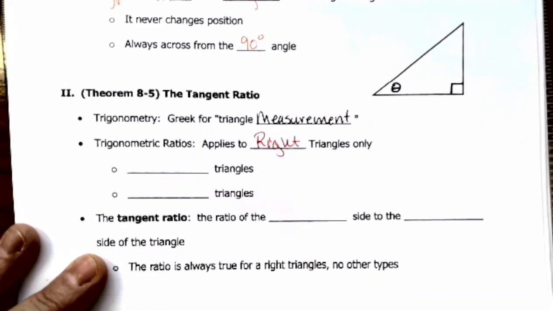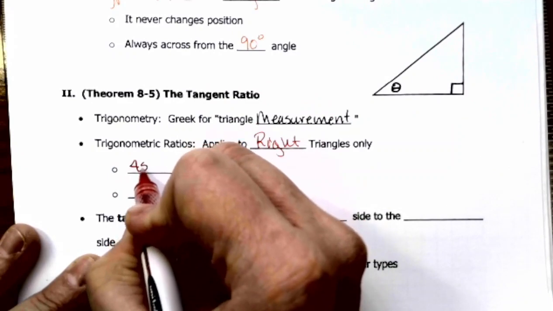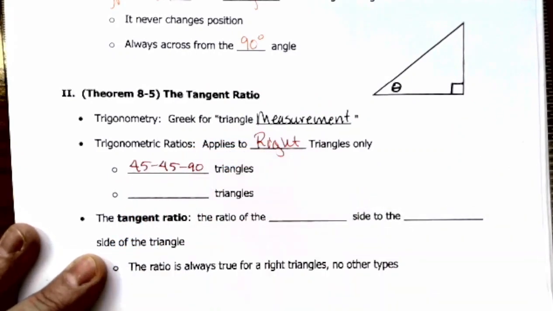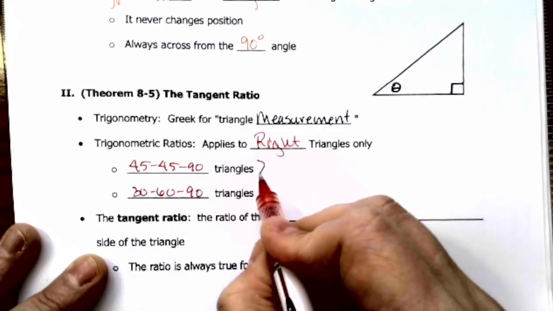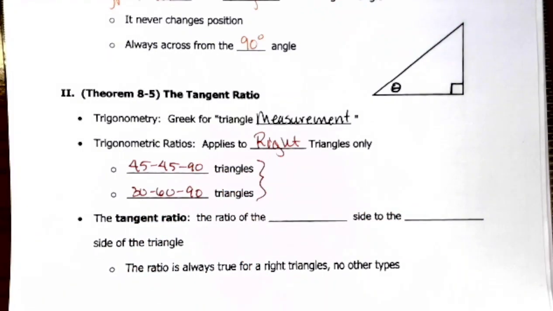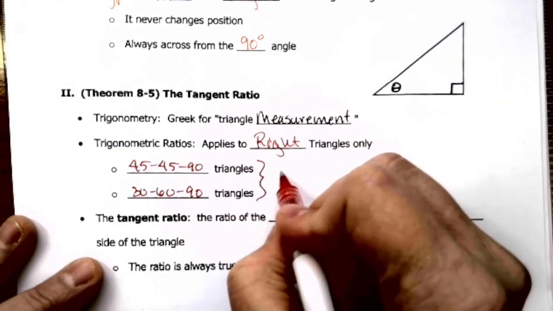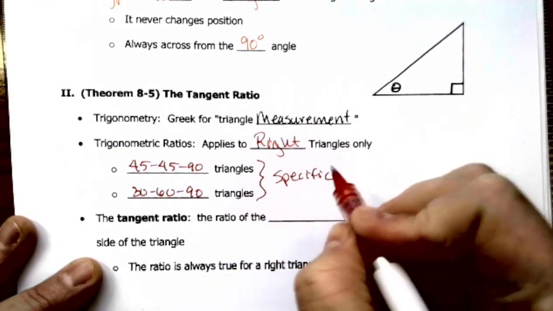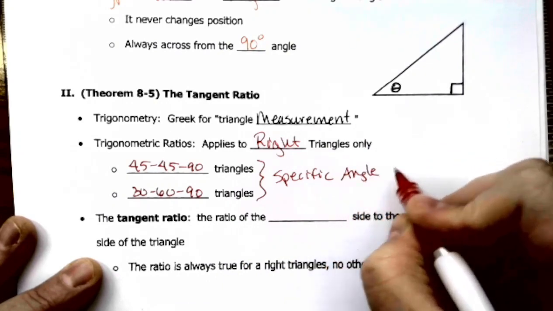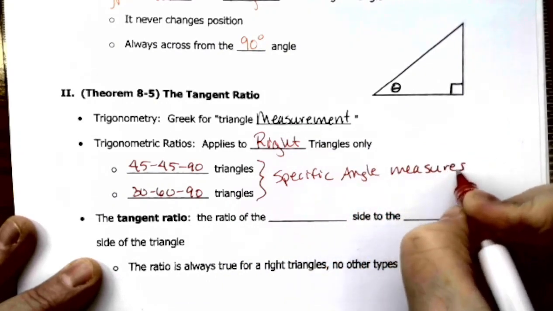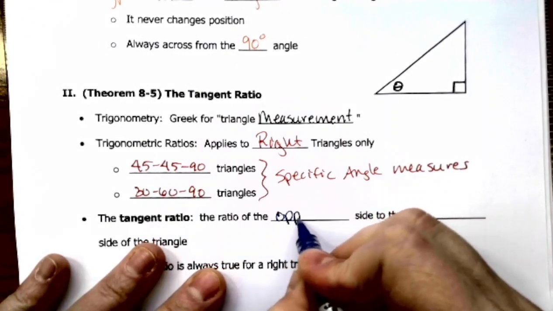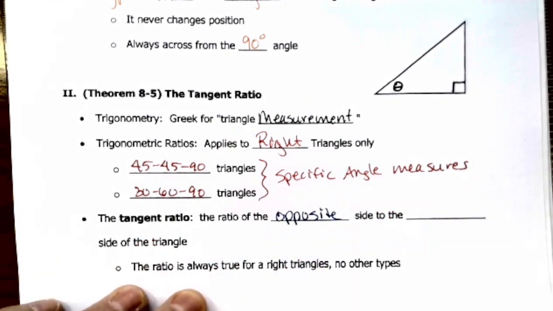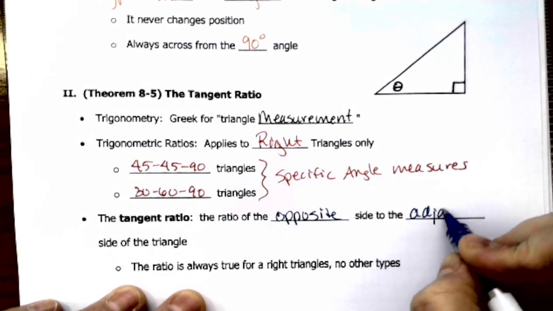Now, we already know two special types of right triangles. We know 45, 45, 90 triangles, and we know 30, 60, 90 triangles. And those both will work with trigonometric ratios, but also it can apply to more specific angle measures. Okay, so looking at our drawing, the tangent ratio is the ratio of the opposite side to the adjacent side of the triangle.